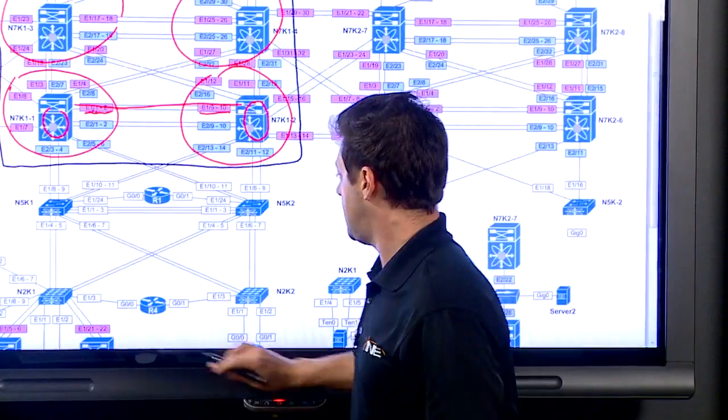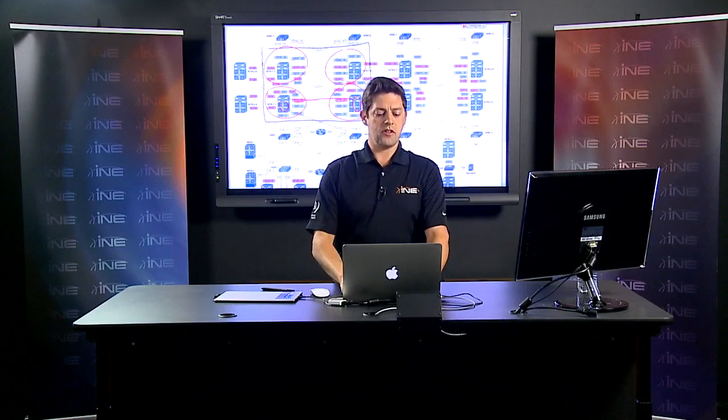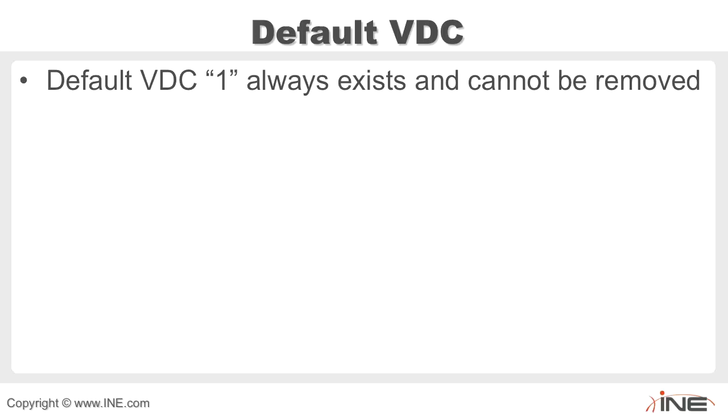So let's go ahead and go back to our slides, and we're going to go to the command line and allocate these VDCs in a little while. So back on the slides, we're going to say that the default VDC 1 always exists and cannot be removed. This actually is true in the Nexus 5K as well. There is a VDC 1 in the Nexus 5K, it's just that there aren't any additional VDCs.